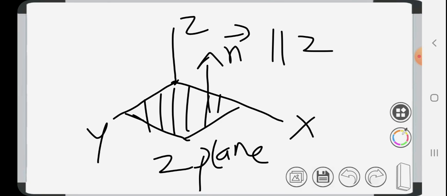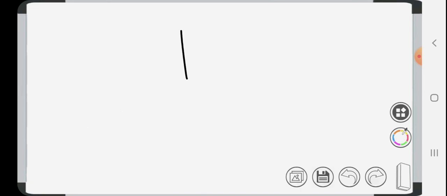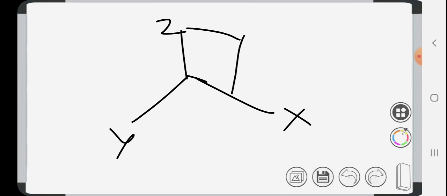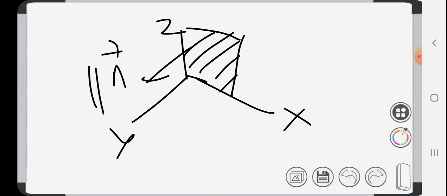Any plane having a normal vector parallel to the z axis is a z plane. And now x, z, y: what will be this plane? A plane in this direction which has a normal n vector parallel to y. So this will be the y plane.